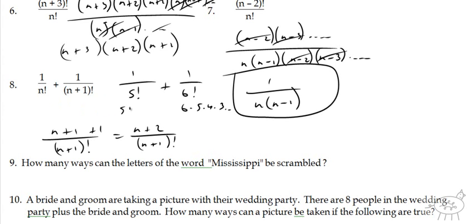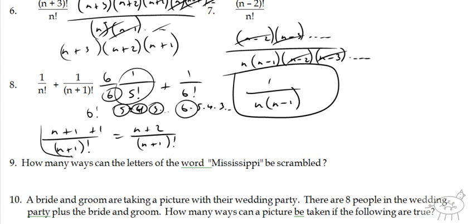And this is 5 times 4 times 3 all the way down. Okay, so what does this one need? Well, this one has a 6, so this one needs 6 over 6, doesn't it? Because if I multiply this out, 6 times 5 times 4 times 3 is the same thing as 6!. Okay, so that's why in the problem I multiply the top and the bottom by (n+1) over (n+1), and then that's how I got the (n+1)!.